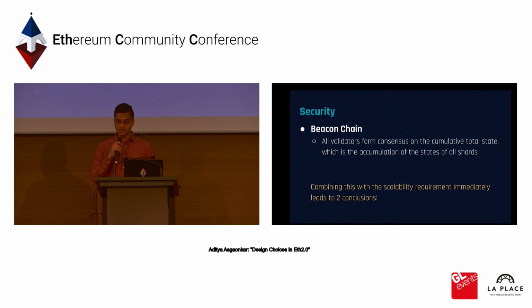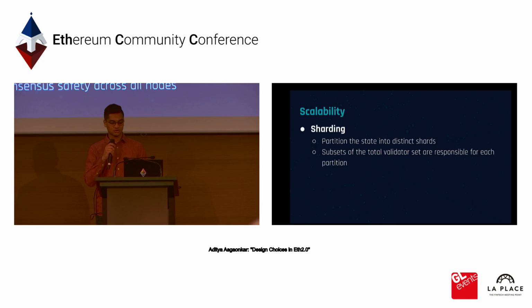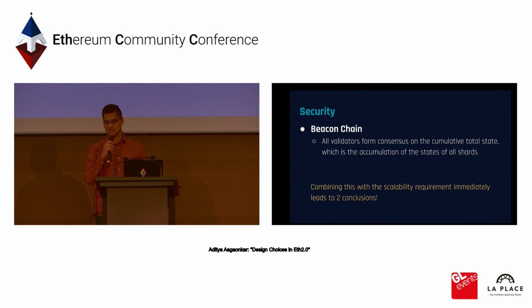And for security, we have something called the beacon chain. The beacon chain is basically the source of consensus safety in ETH2. It's the only place where consensus happens. And since we had this requirement that the security of the system is uniform and is equivalent to consensus safety across all nodes, if this is the only place where consensus takes place, all nodes must participate in it.